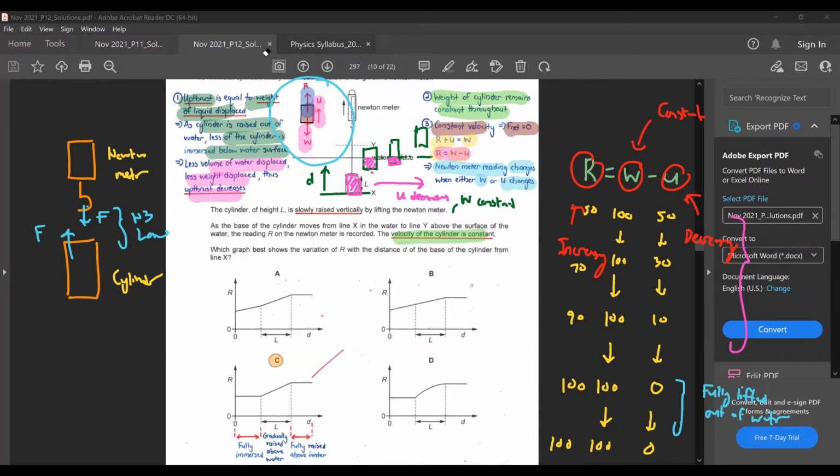This part here is being lifted out of water. You're gradually raising your cylinder out of water. If you have already lifted the cylinder fully out of the water, continuing to lift it won't cause any change in your Newton meter reading. It will remain constant.